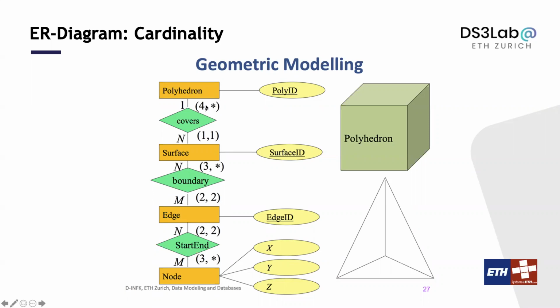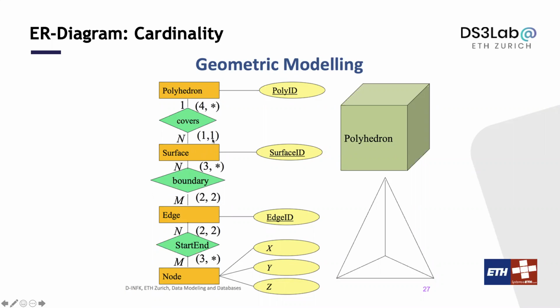It needs to have at least 4 surfaces, and as a maximum you can have as many as you want. And then a surface should participate essentially one and only one time.